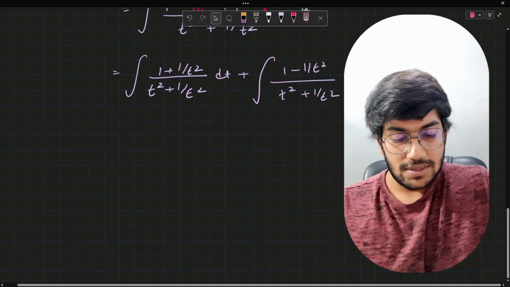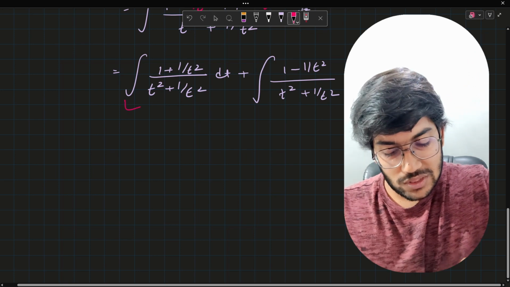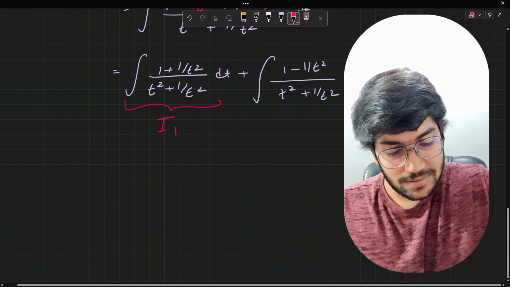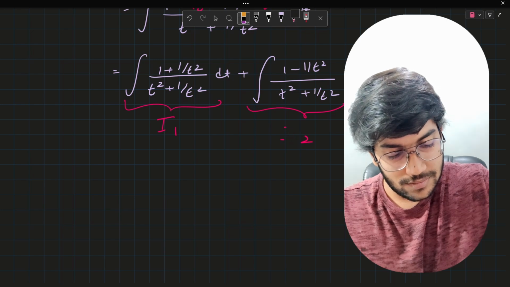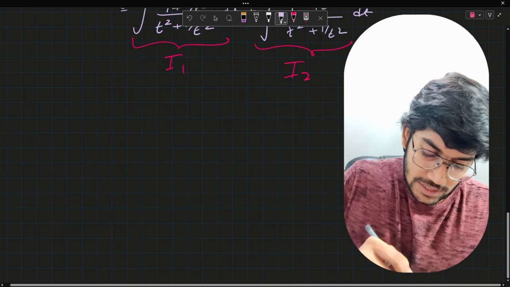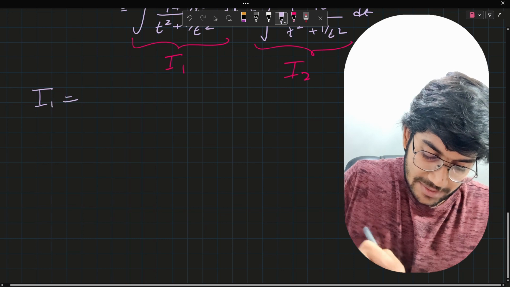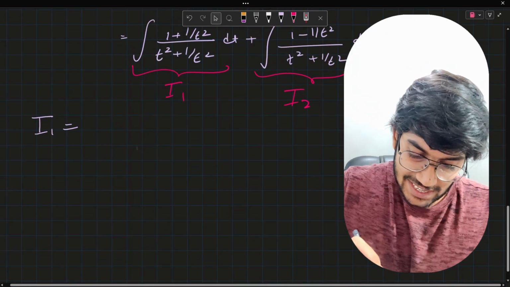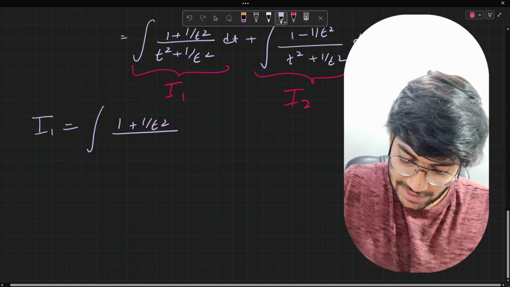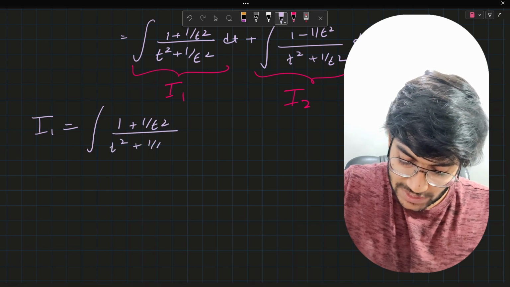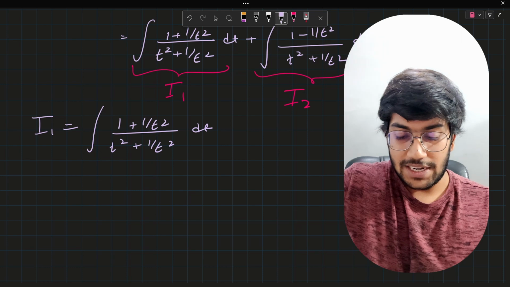Now let us call this integral 1 and this integral 2. Let's solve I1. I1 is the integral of 1 plus 1 over t square over t square plus 1 over t square dt.